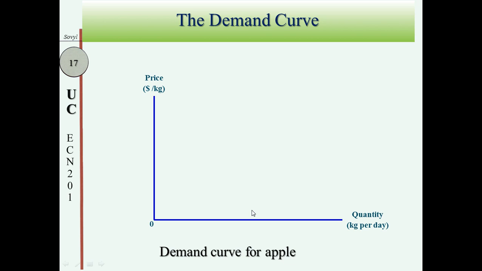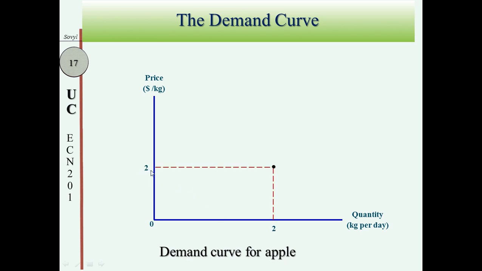When we're talking about the market, we have price, we have quantity. That's why price is here, the vertical axis. Quantity is here, the horizontal axis. Demand curve for Apple.